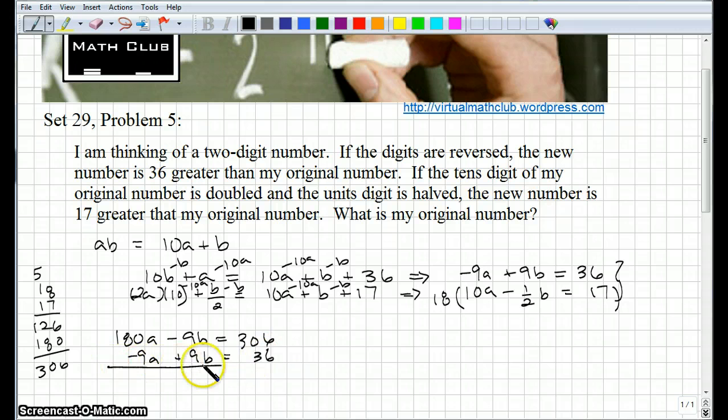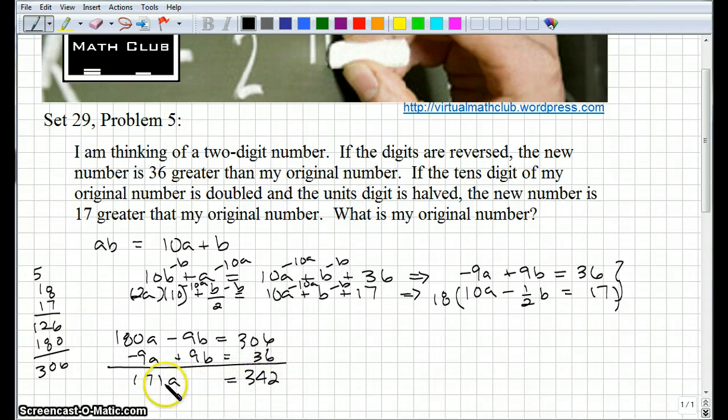If I add those two equations together, the negative 9B and the positive 9B will be 0. So 180 minus 9 is 171A, and this becomes 0. Adding these together, I get 342.